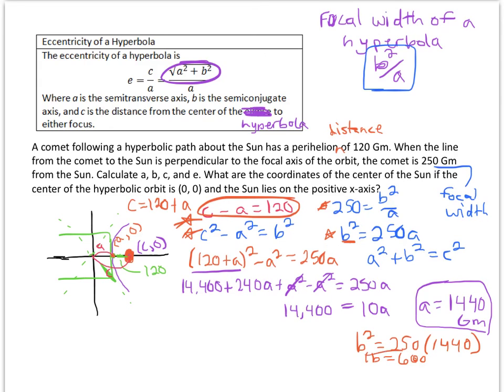So we've got a, we've got b. For c, we use that Pythagorean relationship, so 1440 squared plus 600 squared equals c squared. That's 1560. How convenient that that comes out to a nice number.